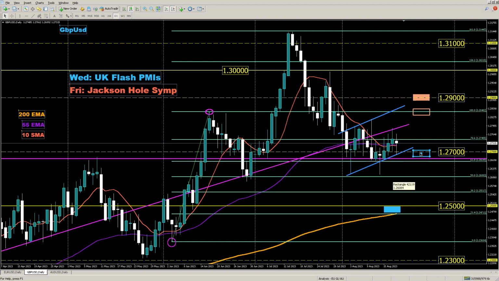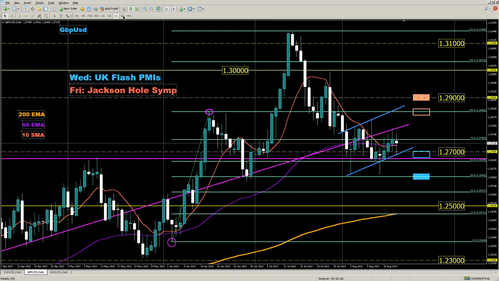So this area of support at the 127 and this previous trend line as well. The support, we can move it up to the 50 fib, where it has managed to form a double bottom and recovered from there.